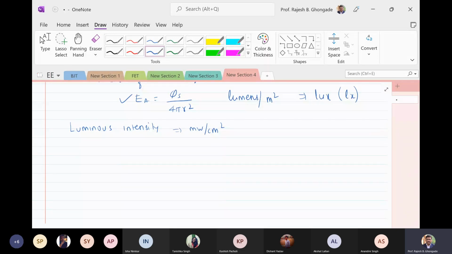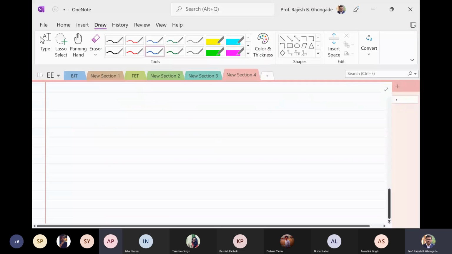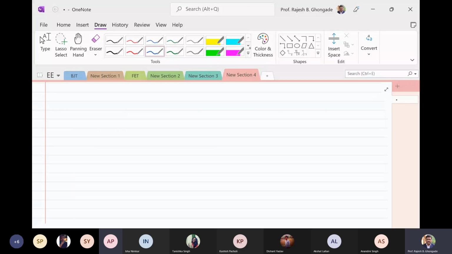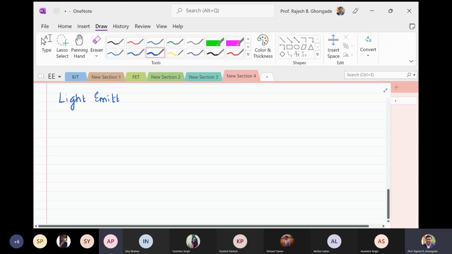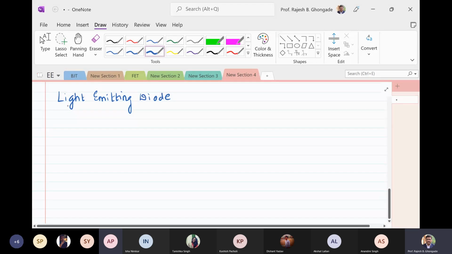Right. Now, once this idea of luminous intensity and lux is clear, let us go to the actual device, that is the light emitting diode, LED.